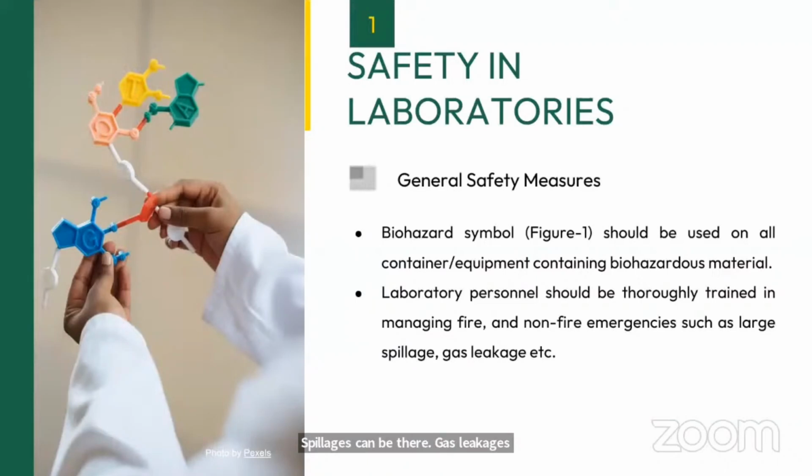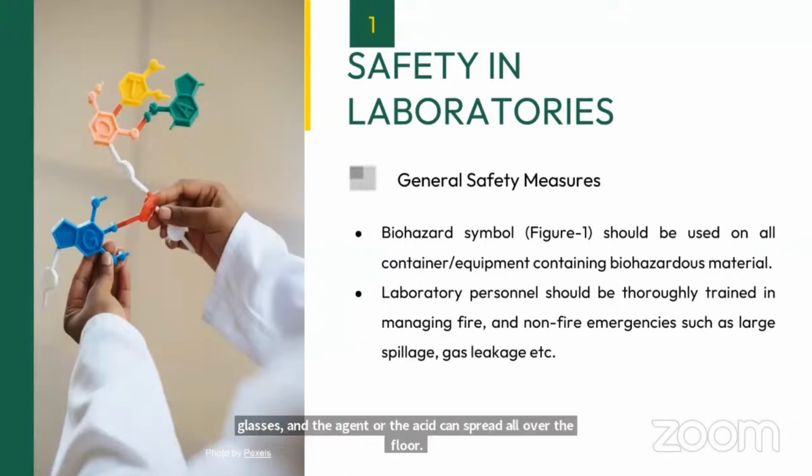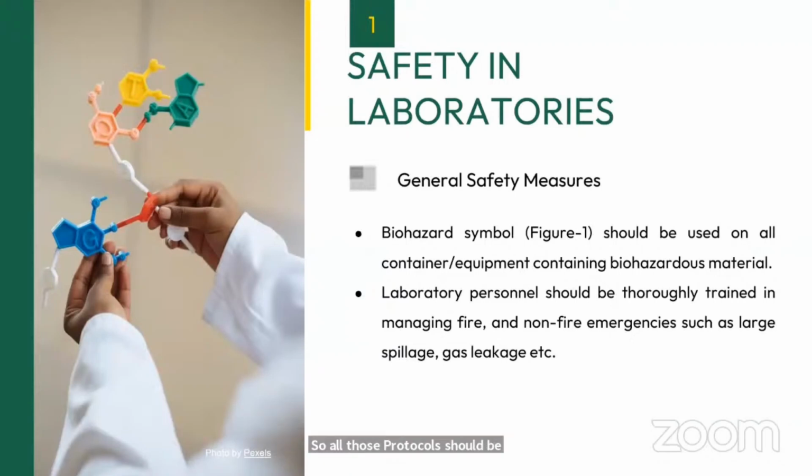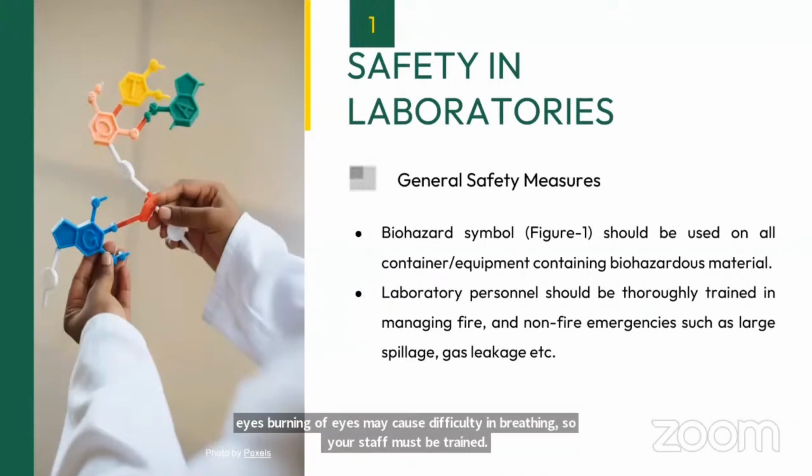Suddenly some reagent bottles can fail and break into glass and the reagent or the acid can spread all over the floor. So all those protocols should be available. Suddenly there can be a very high concentration of formalin which can cause irritation of eyes, burning of eyes, and may cause difficulty in breathing. So your staff must be trained in handling all those kinds of emergencies.